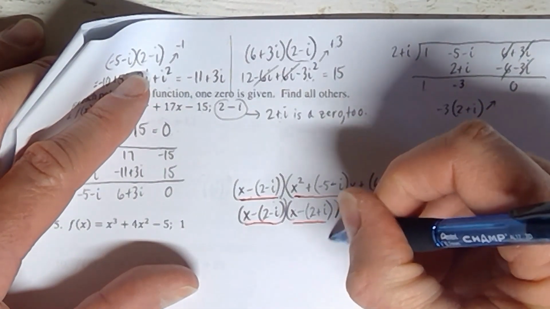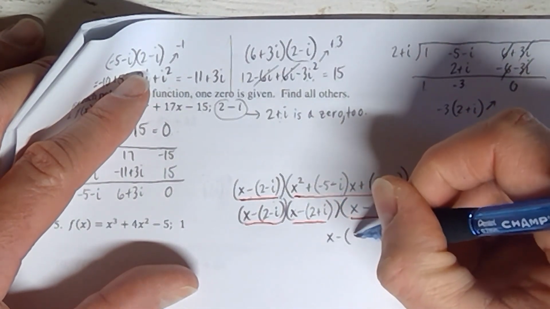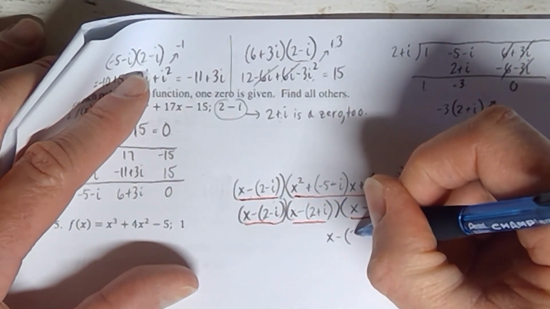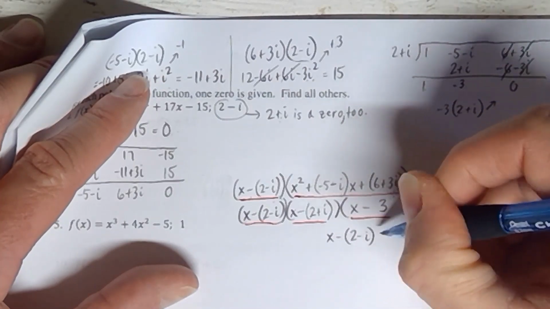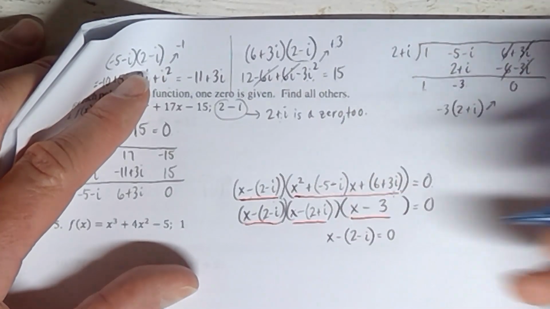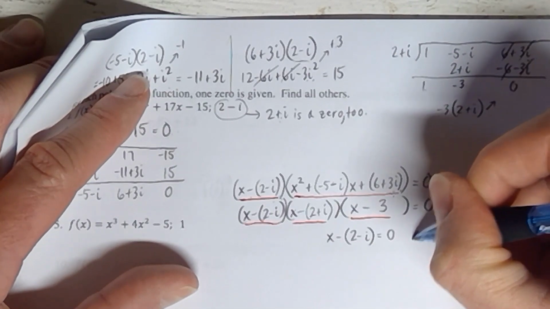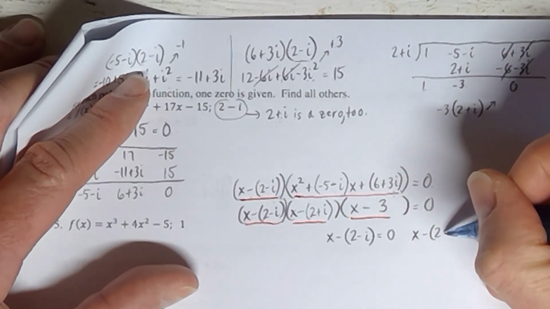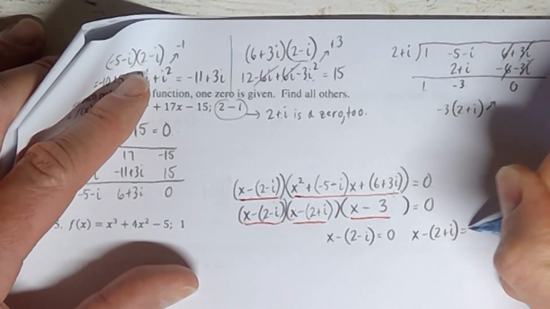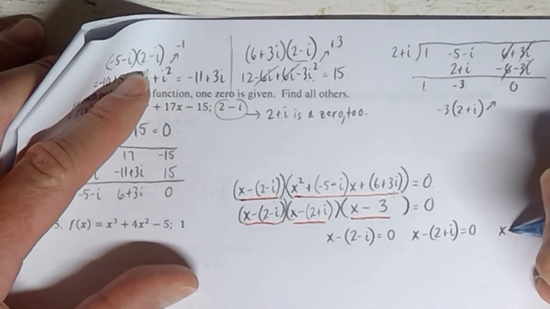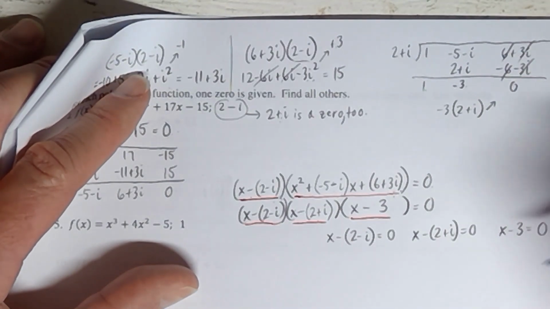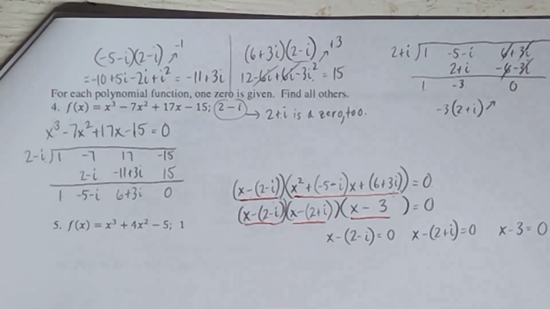Let's do that. So x minus 2 minus i is equal to 0. x minus bracket 2 plus i is equal to 0. And then x minus 3 is equal to 0. We do the same thing we did back when we had the quadratic equations.